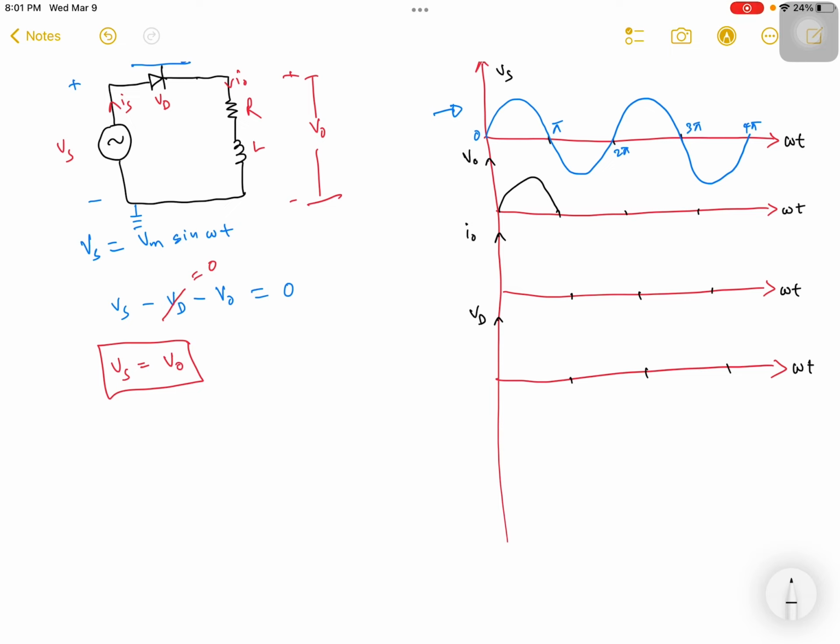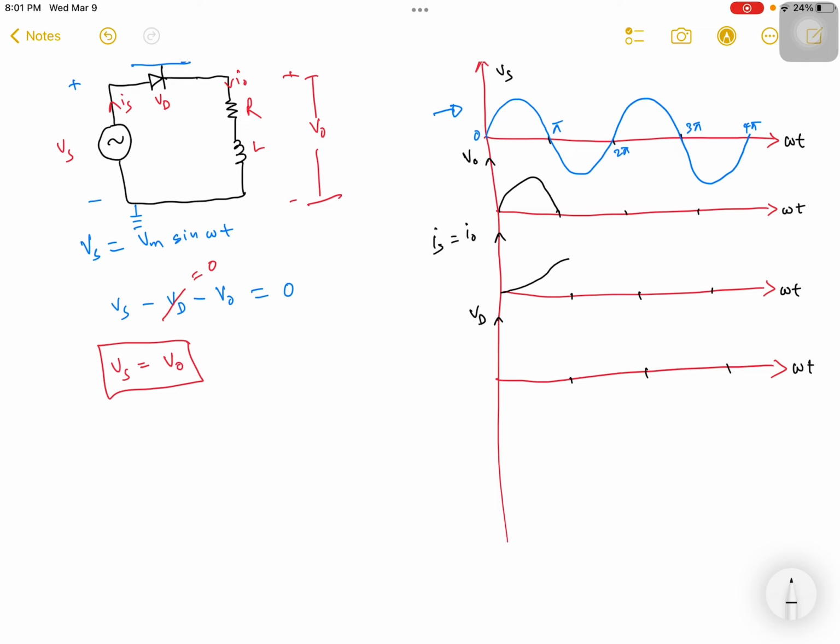Our current is the same as the output current, or we can also write it as the input current. The shape of input current and output current will be the same for this RL load. It will also be the same for the R load rectifier. So it is rising slowly. It's because of the nature of the inductor that we have.